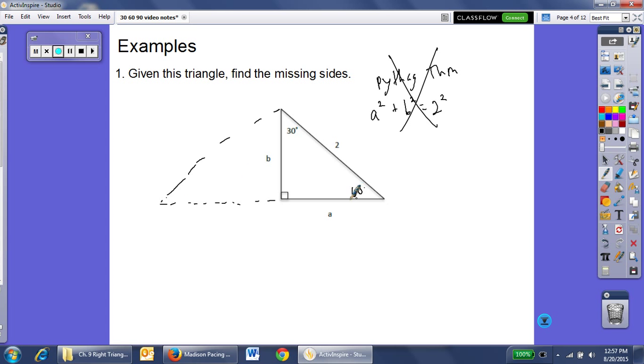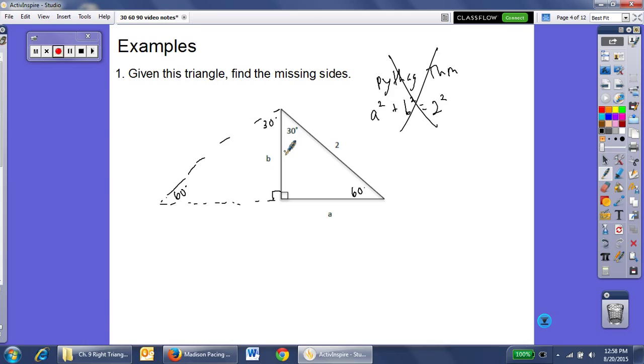I just made two congruent triangles because I took the exact same triangle and flipped it. The 90 degrees flips over here. The 60 degrees from this corner reflects onto this side. And the 30 degrees up in this corner reflects right up here, because all I did was take a mirror image over this line.